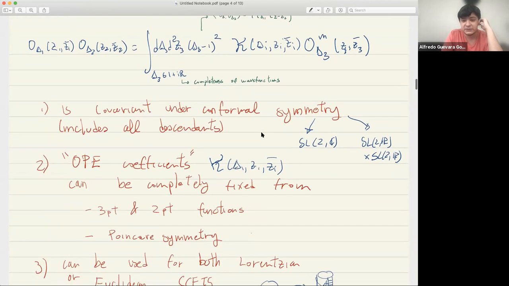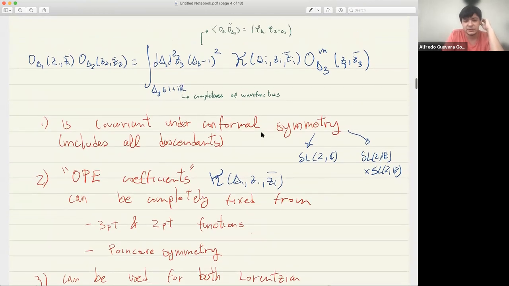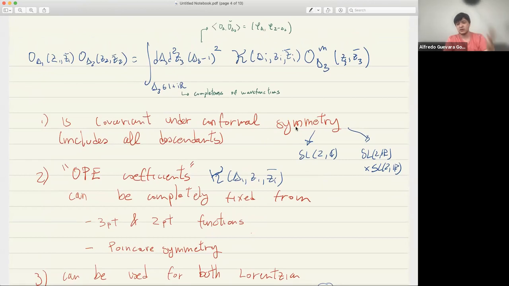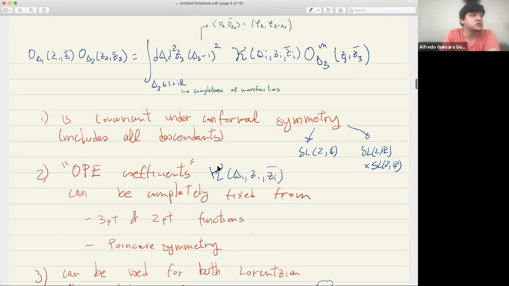And a couple of properties just to start off with are covariance and the conformal symmetry. Now, this conformal symmetry can be either SL2C or SL2R times SL2R, depending on the signature we're going to choose. So this block actually holds, the very same formula actually holds for both Euclidean and Lorentzian cases. And so you can check it's covariant, and it actually has OPE coefficients, as I said, which are not the standard ones because they are valued over the principal series.